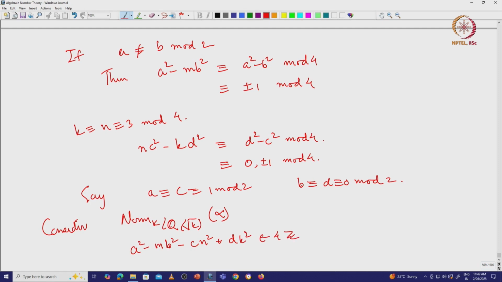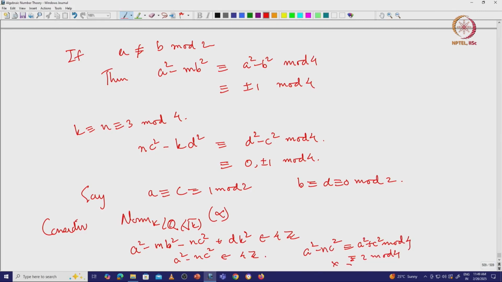And then from that I'll get that a square minus c n square is in 4z. I just wrote the wrong exponents here. I want n c square. So a square minus n c squared is congruent to a square plus c square mod 4, which is congruent to 2 mod 4, right, and that is a contradiction.